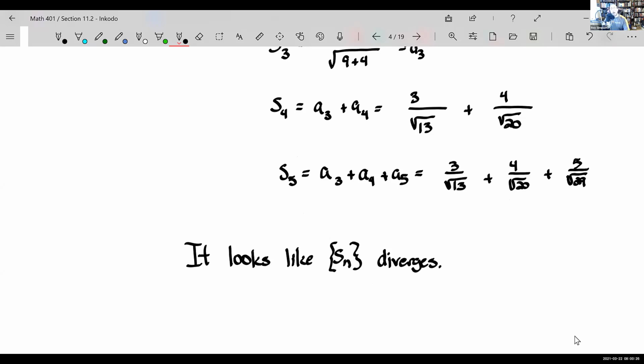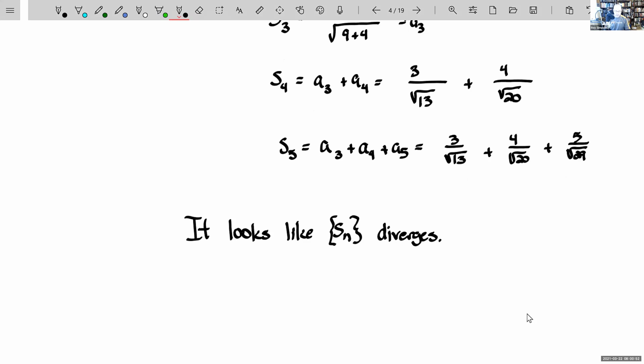Our goal in this chapter is to find methods to prove that it diverges without having to use technology, because technology can really lie to you when it comes to sequences and series. So we want to fall back to our theory to be able to determine whether a sequence or a series converges or diverges using theory, not just guesses in technology.